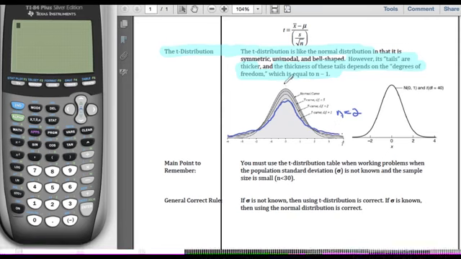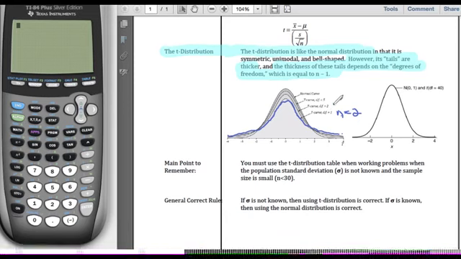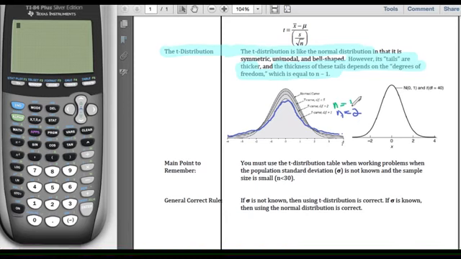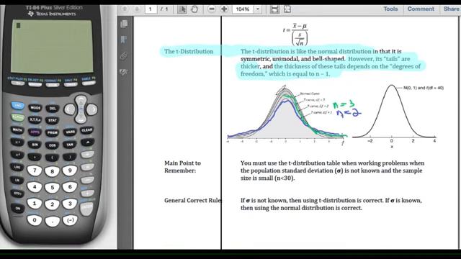It's shorter than the normal distribution, which is up at the very top, and its tails are thicker. But as you increase the sample size, this degrees of freedom of 2 comes from a sample size of 3. It's a little bit closer to the normal curve, that middle peak, and the tails are a little bit thinner, getting closer to the normal curve tails.